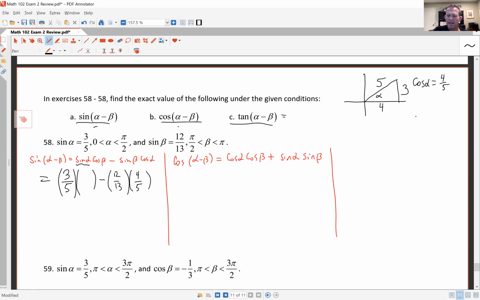And then beta is an angle that's bigger than pi over 2 but less than pi, sitting in quadrant 2. And its sine is 12/13, and we're supposed to recognize this quickly as 5/12/13. But this is where you need to remember that in quadrant 2, the x is negative. And so remember, we were looking for cosine beta. That's negative 5/13.